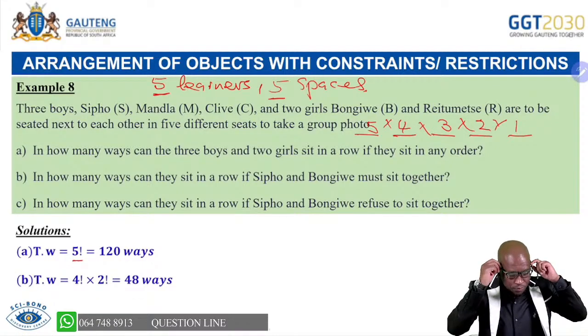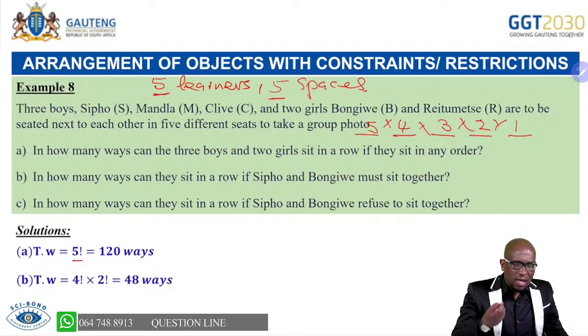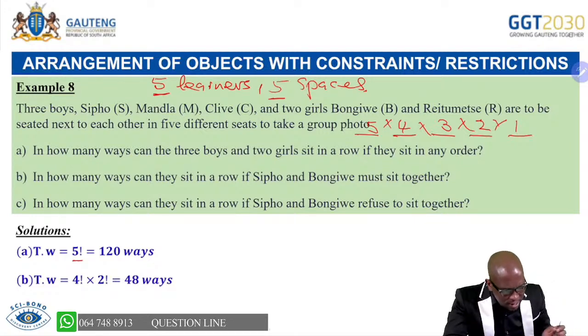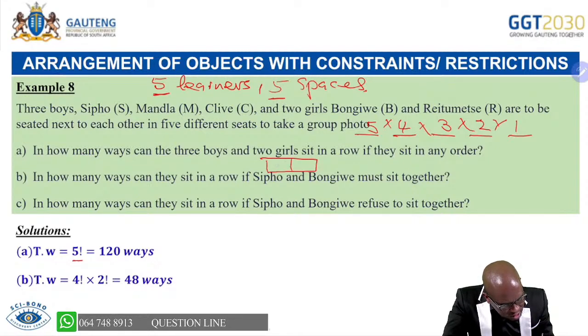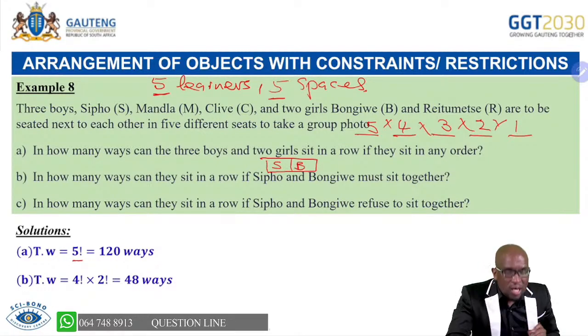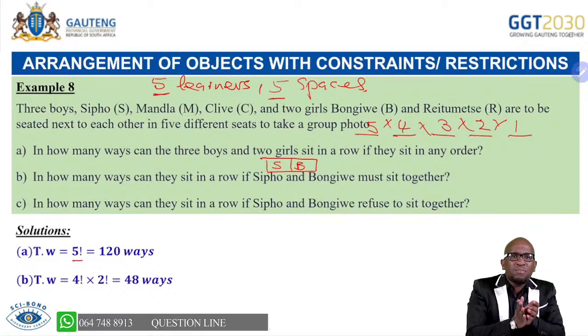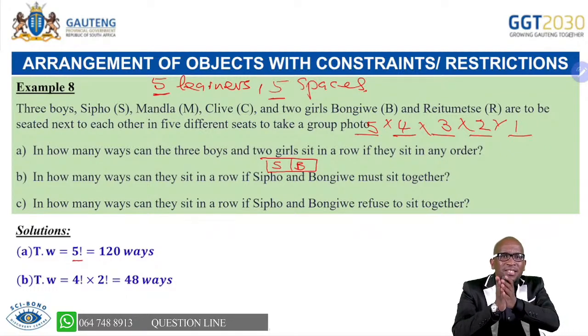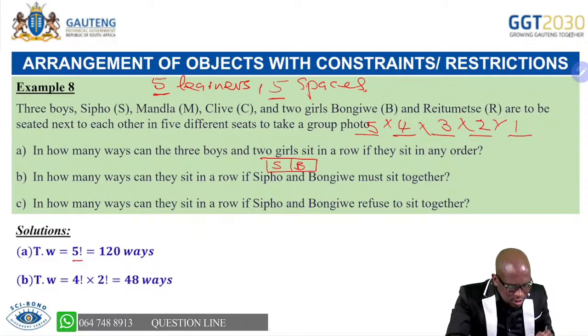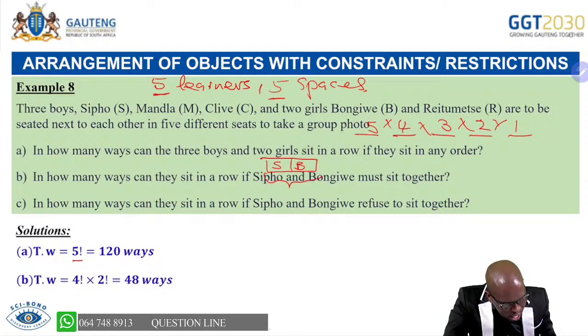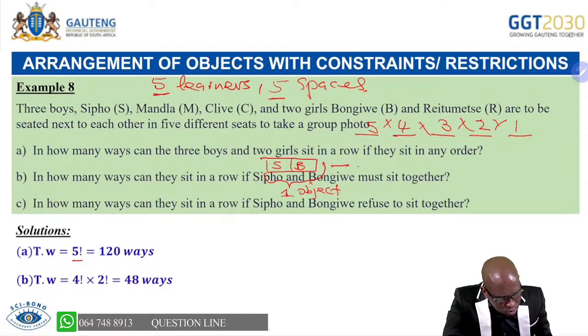You see now, what are we doing here? We are saying Sipho and Bongiwe must sit together. If Sipho and Bongiwe sit together like this, then it means that they are moving as an item. So you are going to treat them as one object. And then from there, how many learners will you be left with?